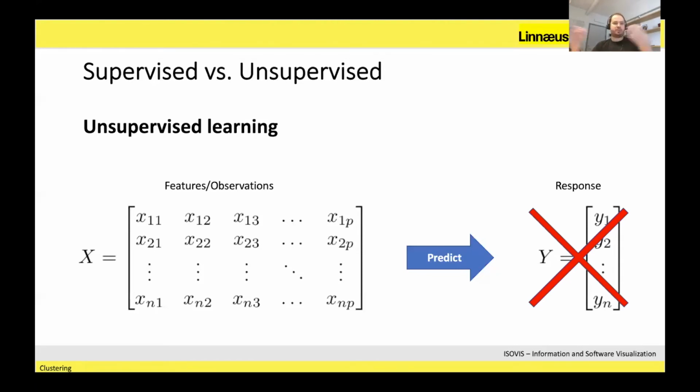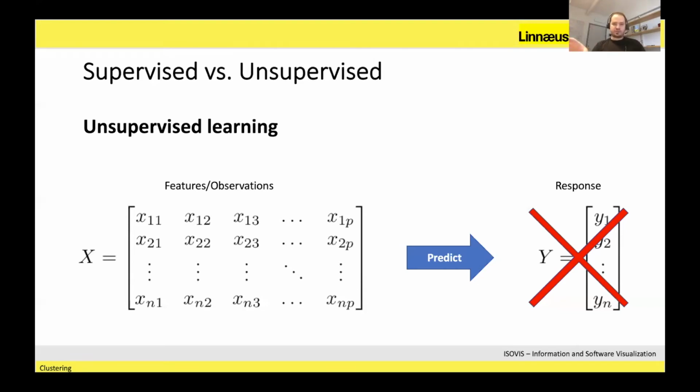For example, this specific data vector or observation is of class B. So I'm supervising the model. I'm telling it, look, you should predict class B. If you don't predict class B, then you're wrong. And if you predict class B, then you're right. So you're supervising the training process by telling the model what's right and what's wrong, because you have that information.